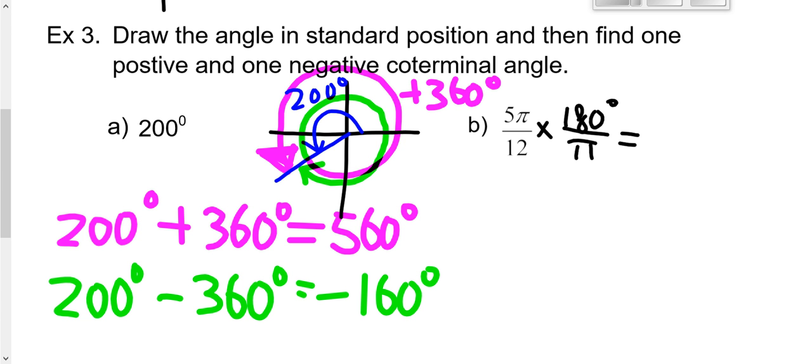If you want, you can use the fact that this is pi, this is 2 pi, because 2 pi makes up 360 degrees. So pi and pi cancel out. If you do the math, 5 times 180 degrees divided by 12 gives you 75 degrees.